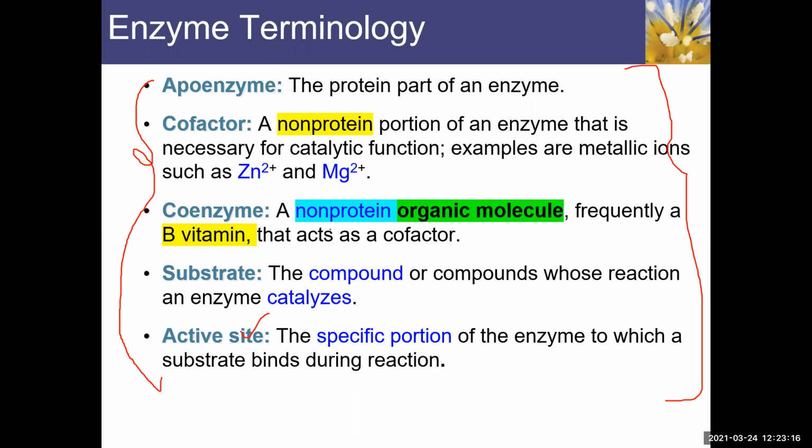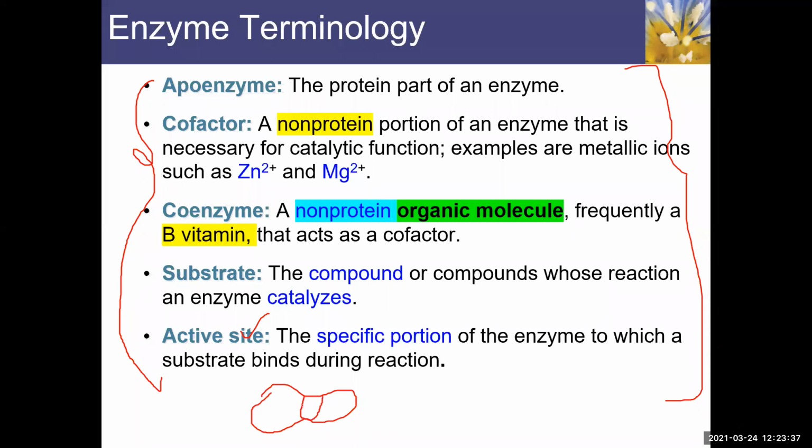So what is an active site? Active site, you can say, is a pocket or a specific portion or part in the enzyme where the substrate binds. So if this is my enzyme, I might have an active site.